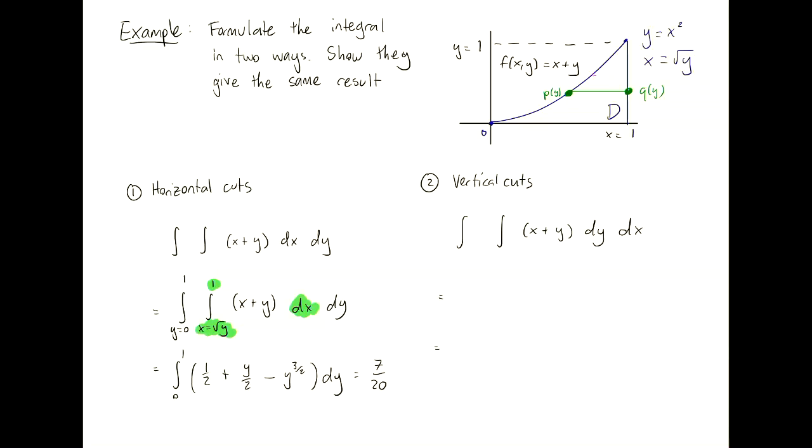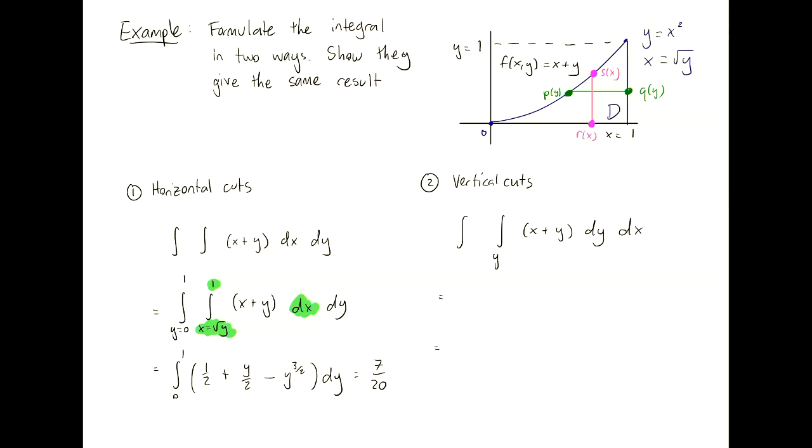So, can someone volunteer for me what the inside integral is if we are going to integrate vertically from some r of x to some s of x? Hands up, someone brave. Yes. 0 to x squared, very good. So we want to start from y equals 0, and we want to go up to x squared.